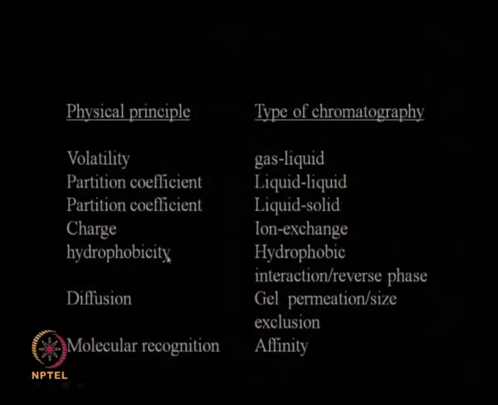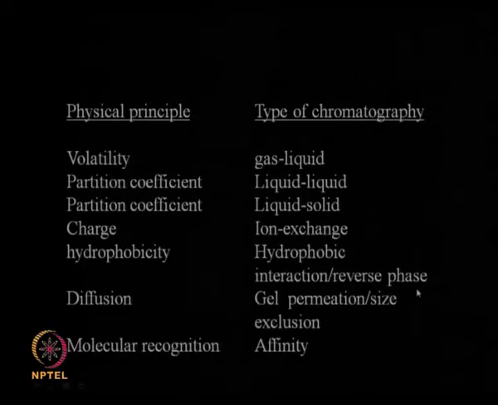If it is because of hydrophobic forces, then we have hydrophobic interaction chromatography or reverse phase chromatography. If you have very highly hydrophobic proteins, they may get bound to the hydrophobic matrix, while less hydrophobic or hydrophilic proteins come out. So that is called hydrophobic interaction chromatography.